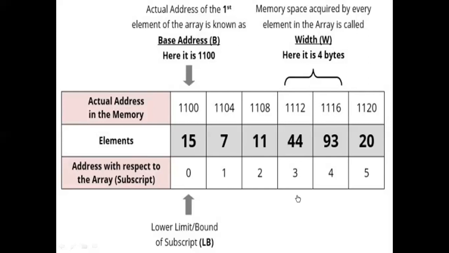See, in a linear array there is the subscript and the element. This is the location, actually, this is for our perspective. In the 0th location, element 15 is stored. In the first location, element 7 is stored. So actually, this will not be the address.